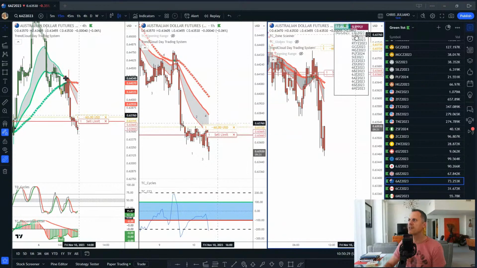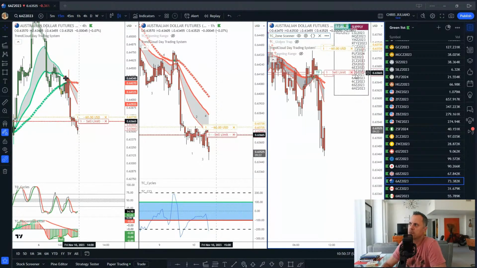Everything on here is what you should be looking for supply zones on. And when you look at this in the morning, you can see, oh wow, market sentiment is to the downside here. So let's start looking for the best contracts to take to go short, and that's that Trend Cloud zone scanner.